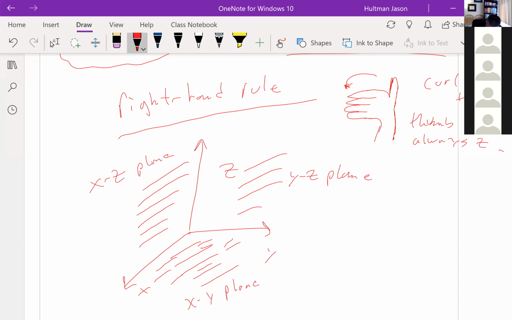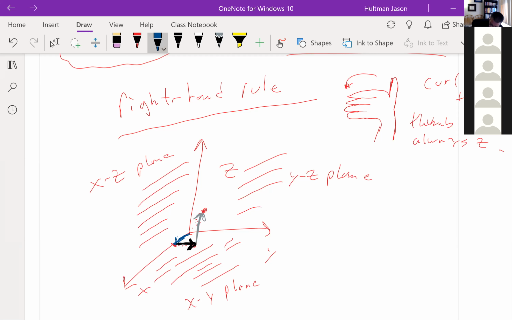If I take a point out in three-dimensional space from the center here, I would have had to go over in the X a certain amount, over in the Y a certain amount, and then up a certain amount in the Z to get to that location.